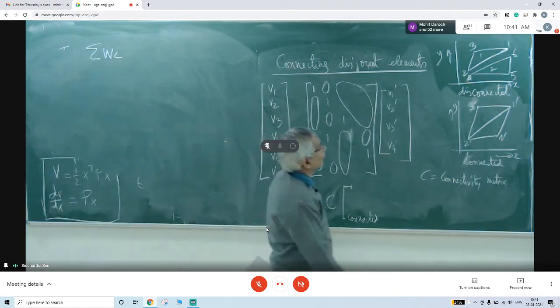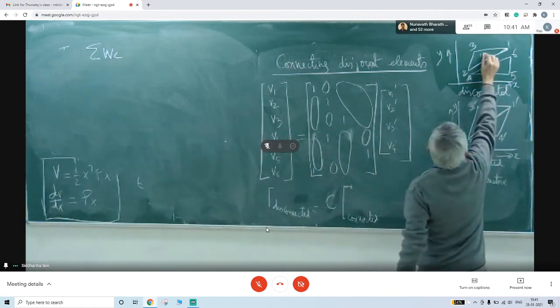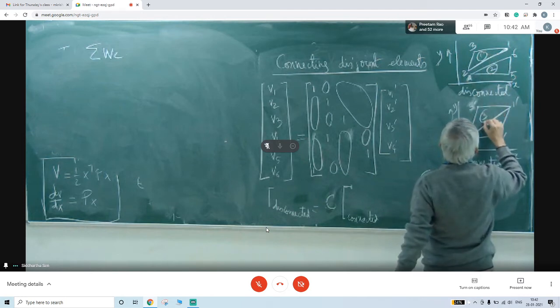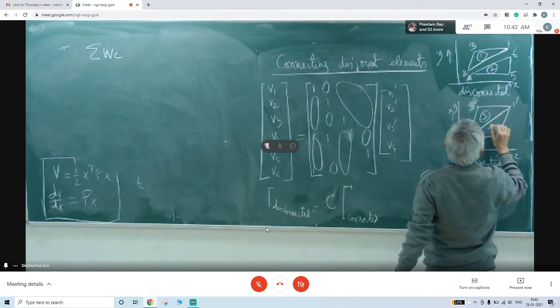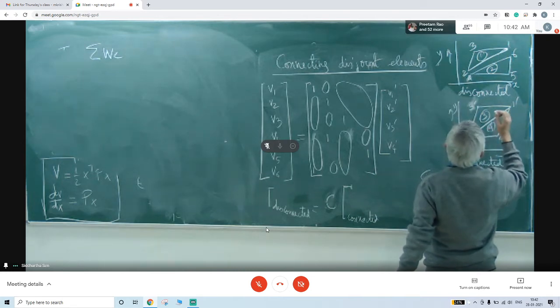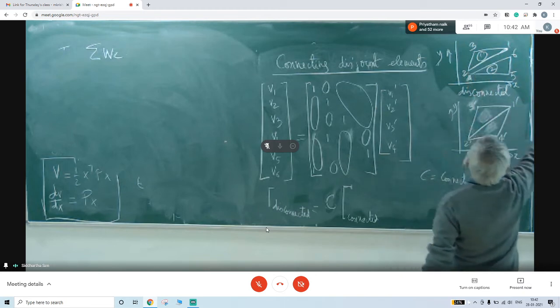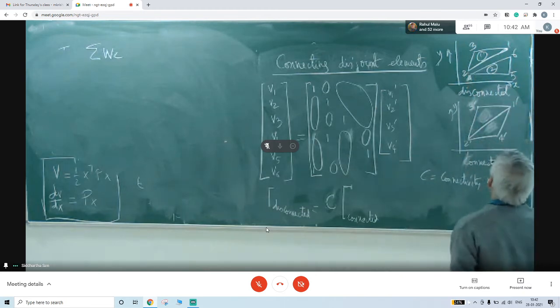So suppose I call this triangle 1, triangle 2, triangle 3, triangle 4, like this. So we can have a separate triangle there.